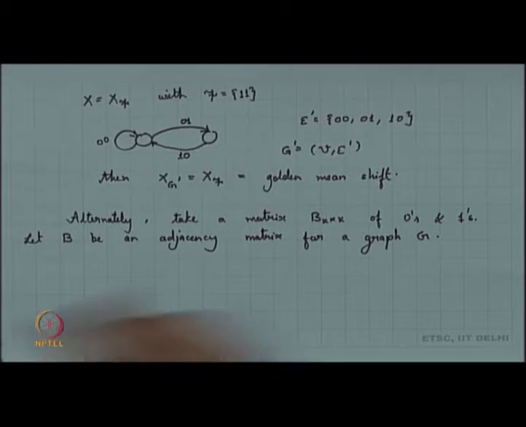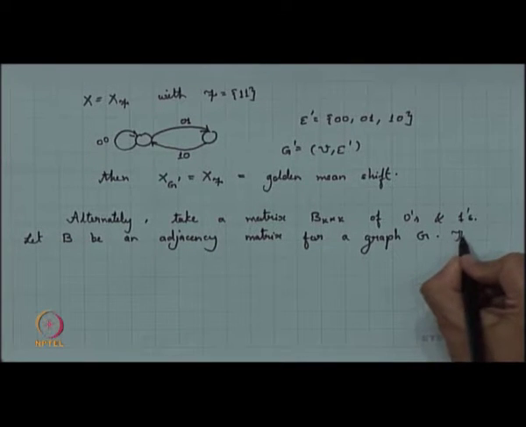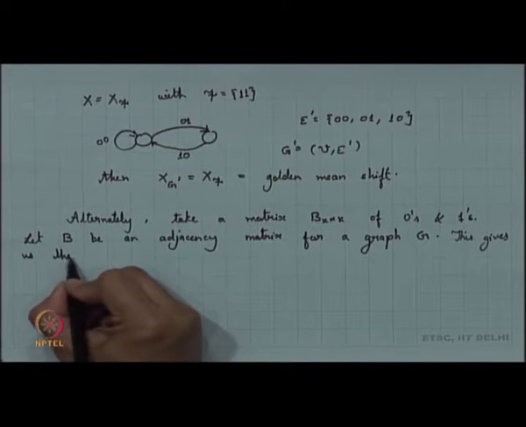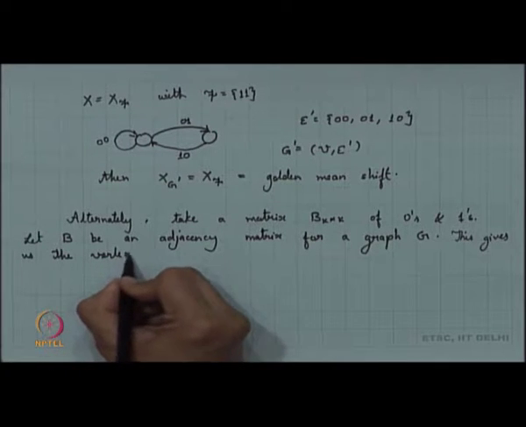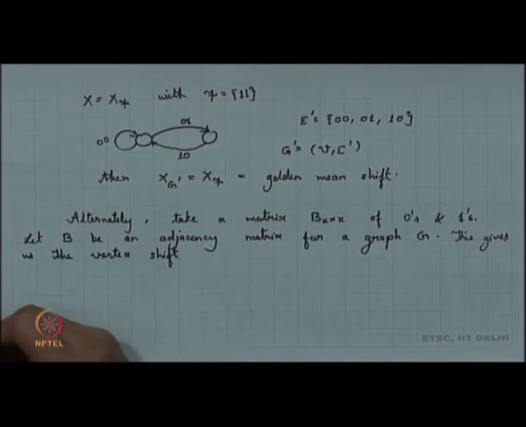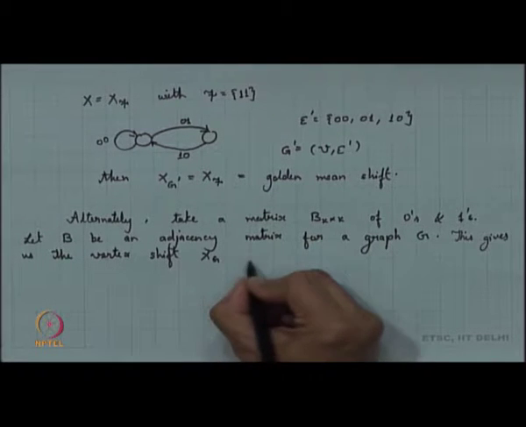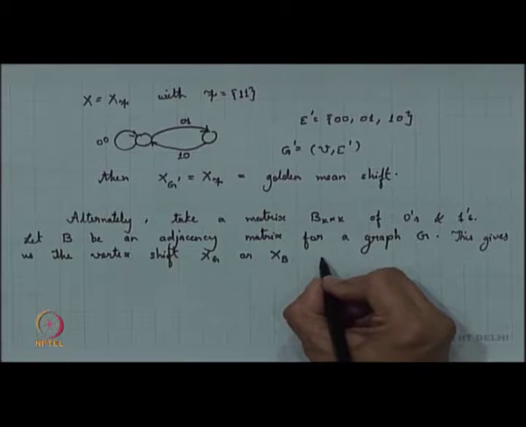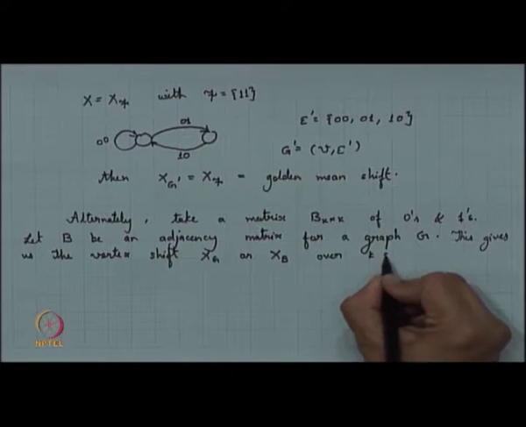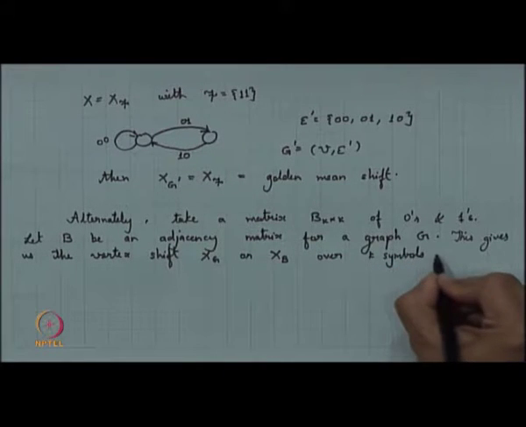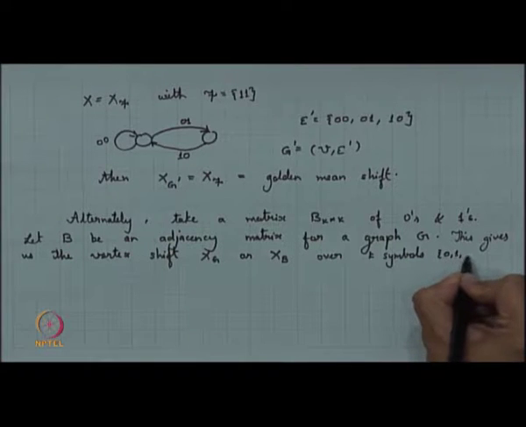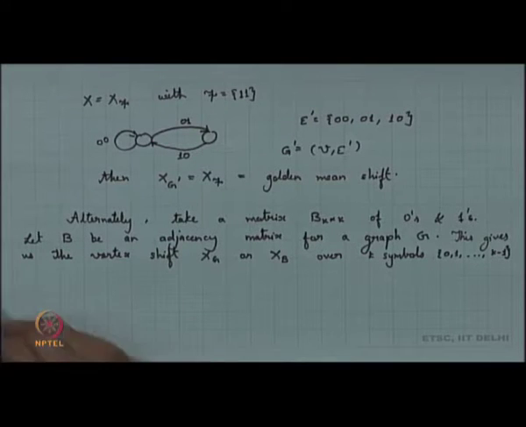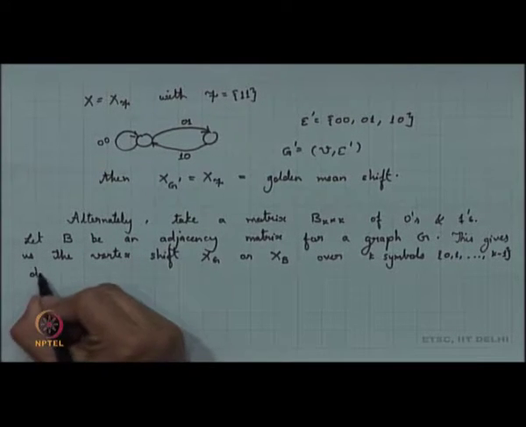Now we can think that this gives us the vertex shift, which we can call X_G or X_B, given over the k symbols. We can think of the k symbols as 0, 1, up to k minus 1.